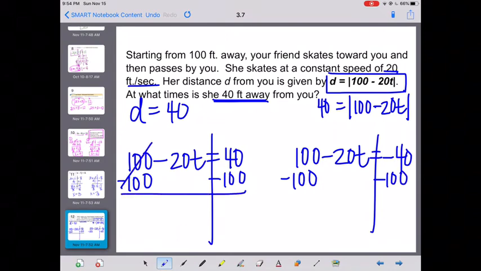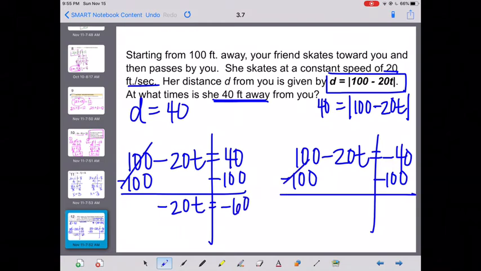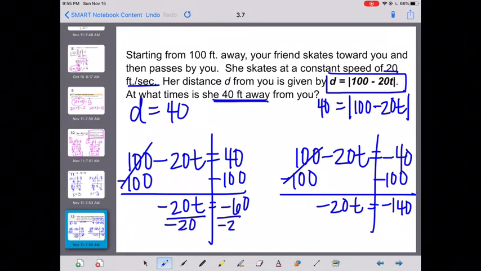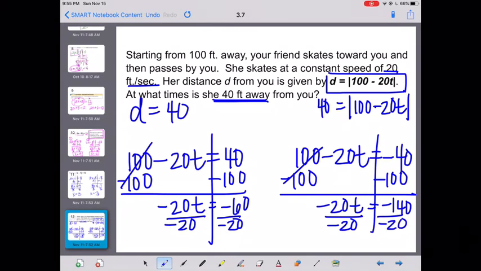All right, so when I'm solving this, I'm going to have to get rid of this 100 first. So minus 100. That leaves me with negative 20t equals negative 60. This one leaves me with negative 20t equals negative 140. Divide by negative 20.